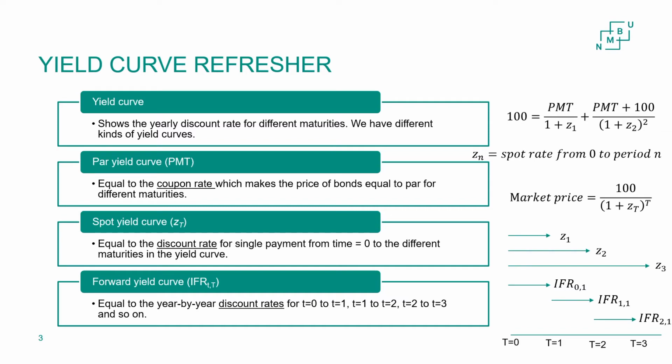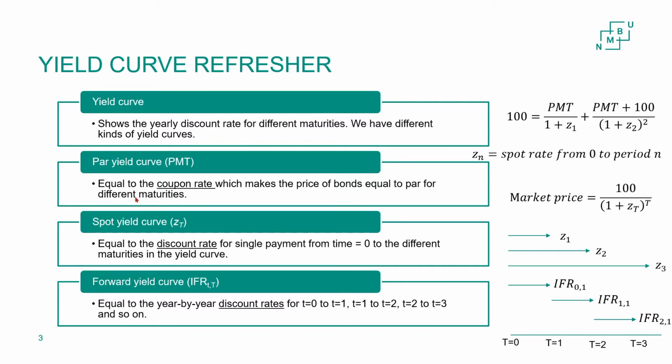So here we go to the yield curve, a bit of a refresher. And what does the yield curve actually tell you? It tells you the time value of money. And we have 3 kinds of yield curves, okay? So the major ones are the par yield curve, the spot yield curve, and the forward yield curve.